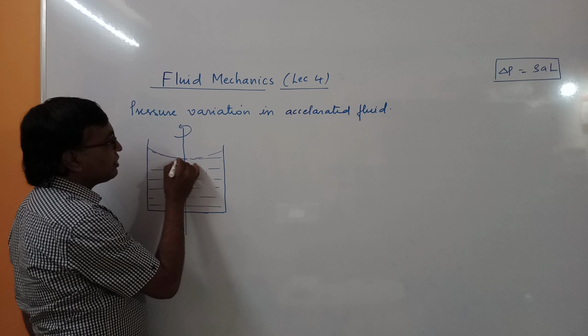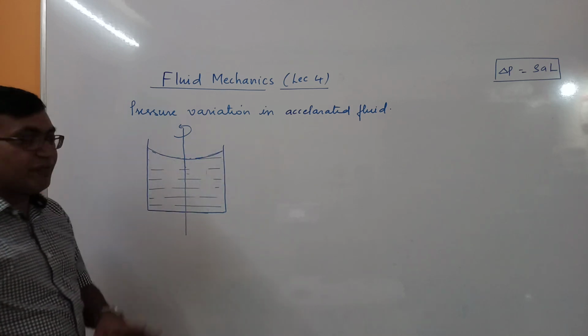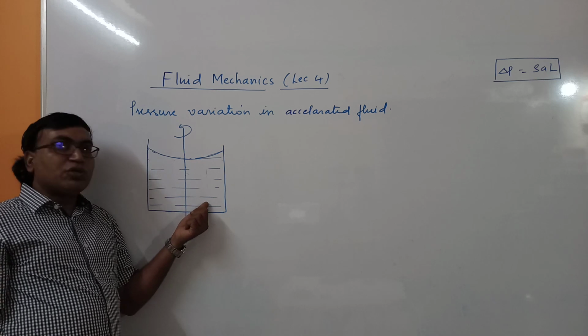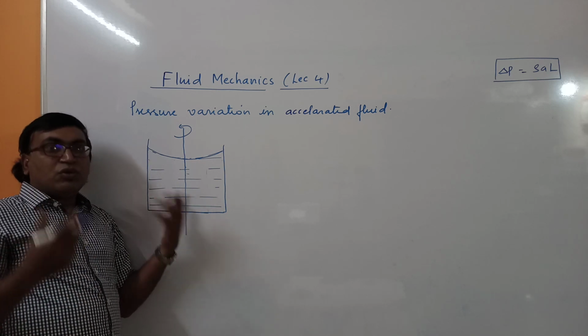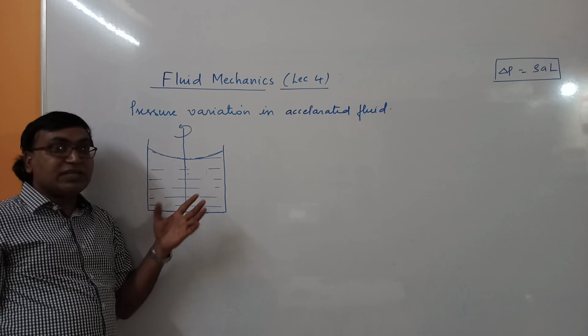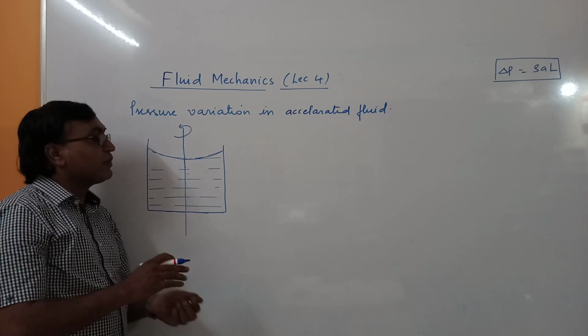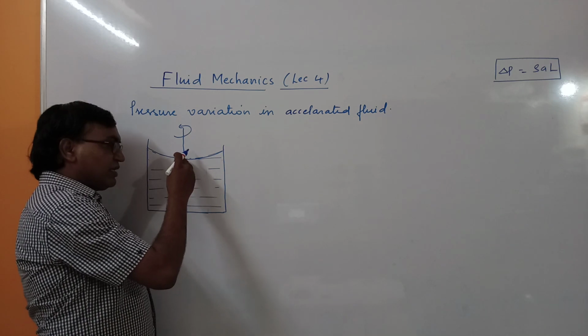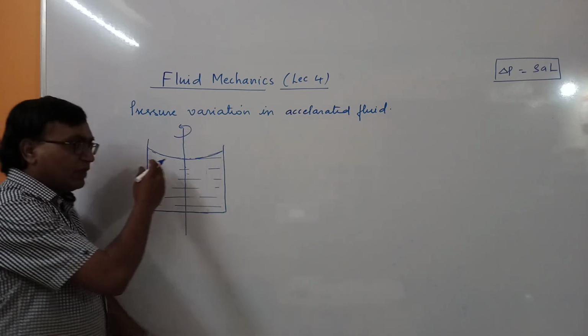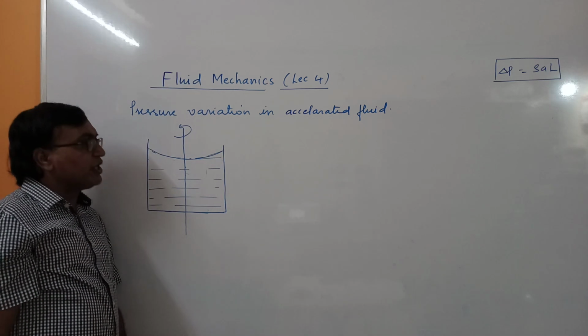So this may be the shape because of centrifugal action. When you observe from this rotating frame, a corrective force or a pseudo force which you take is the centrifugal force. Due to centrifugal action, the fluid particles will be thrown away from the axis of rotation.